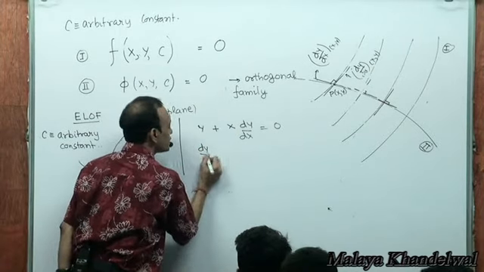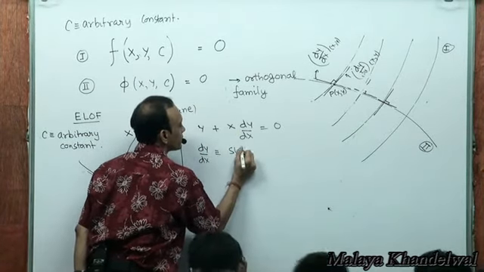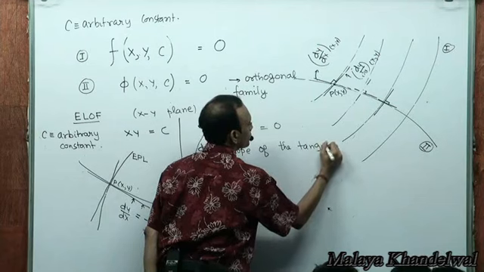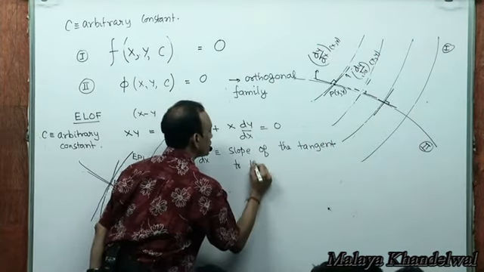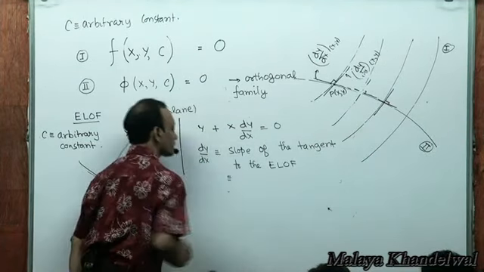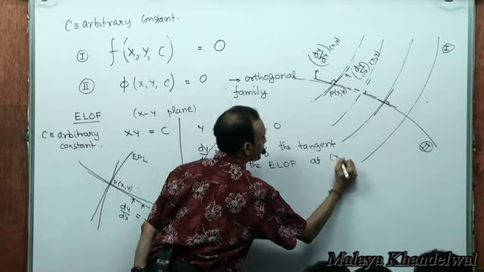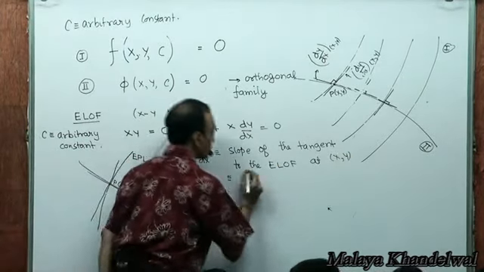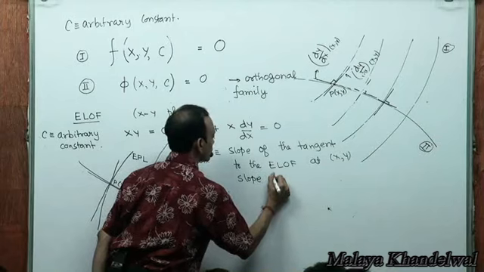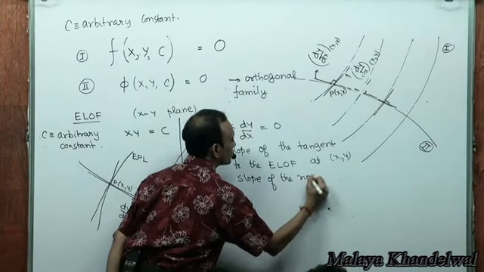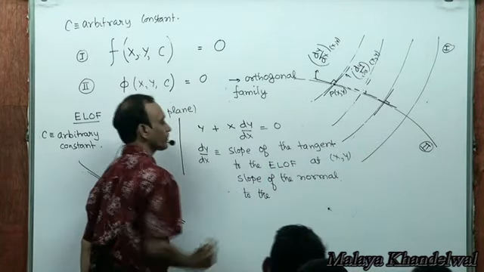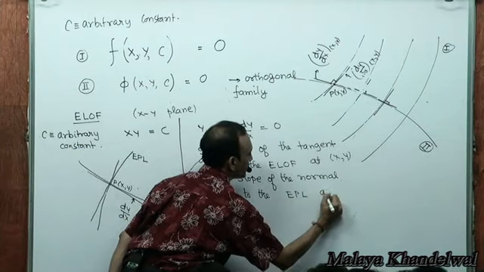dy dx, which is the slope of the tangent to the electric line of force at x comma y, will be the slope of the normal to the equipotential line at xy, right?